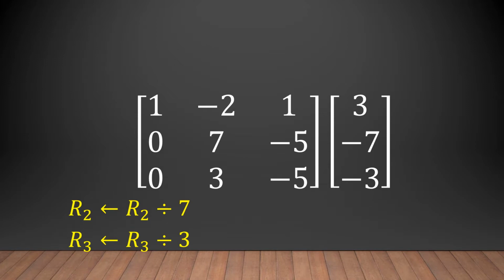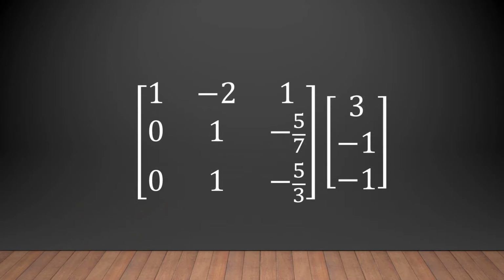So I'm multiplying by 1/7 in the second row and by 1/3 in the third row. Okay, so when we do that, hold on to your hats, we get this. And we've got fractions coming up. For those of you who are afraid of fractions, don't be, because there are some interesting things that we can do with them.